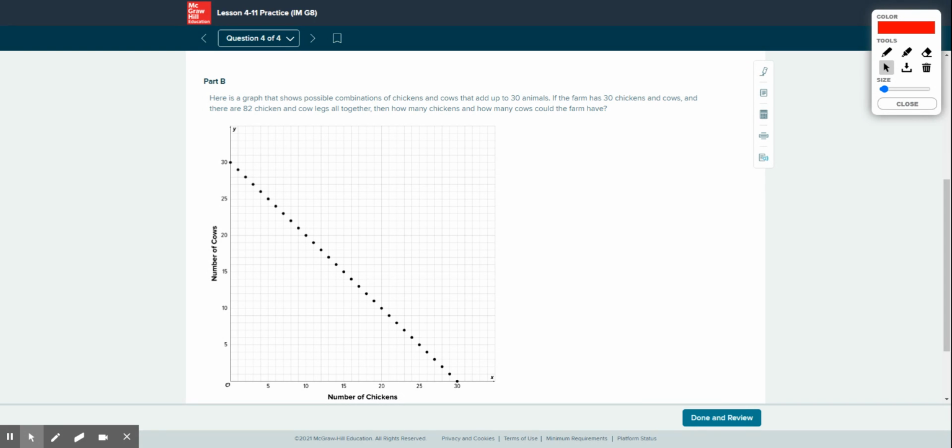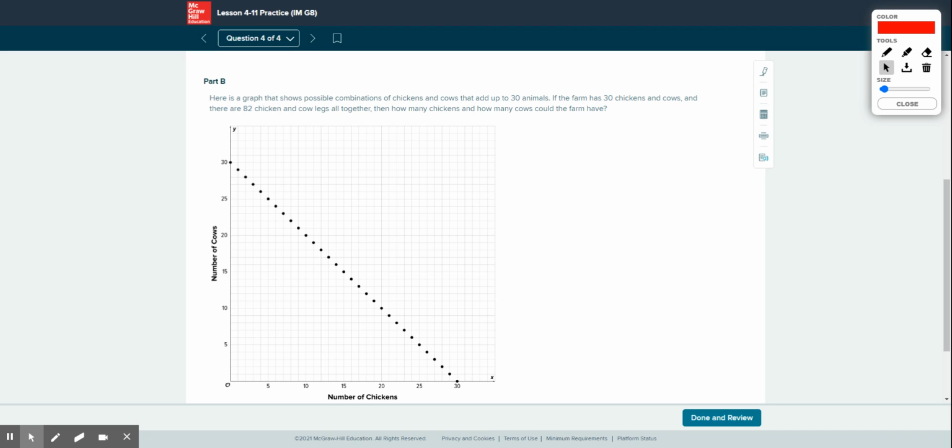We have 2 legs per chicken, 4 legs per cow, for a total of 82 legs. But then we also have this other equation, that any number of chickens plus any number of cows can only be equal to 30. So we have to figure out what values for x and y add up to 30, but also give 82 legs. That's kind of a tough one.